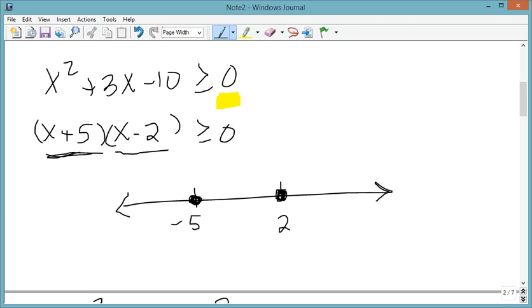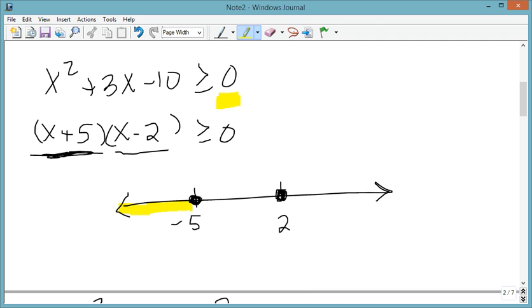Now, these 2 points, -5 and 2, are really important because they're the only place that this will change signs. Anything less than -5 will keep this as a negative. So I want to just look at these intervals. First, I'll look at this interval right here from -infinity to -5.